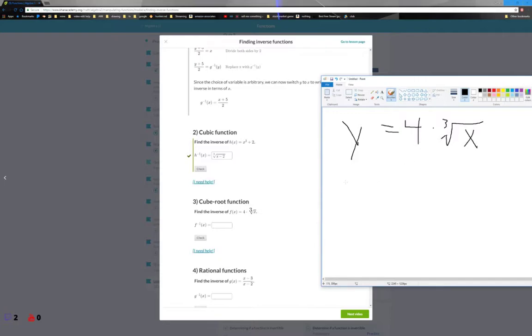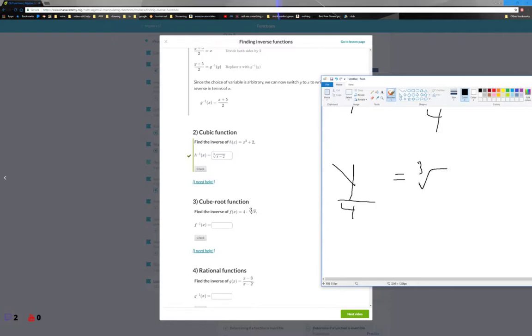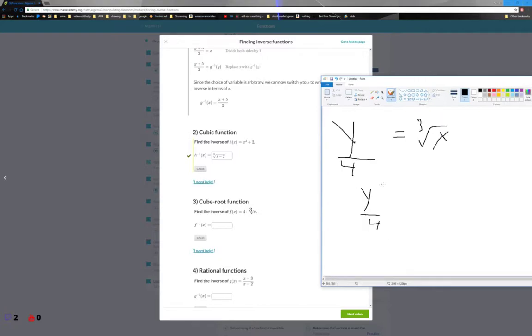And then we'll divide both sides by 4. y over 4 equals the cube root of x. And then we will cube both sides. So it'd be y over 4, cubed, equals x.